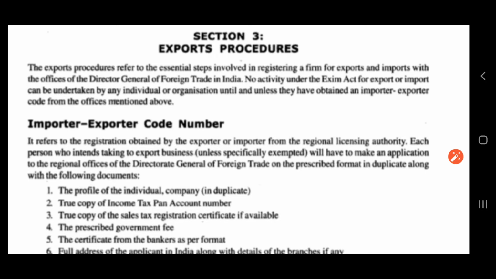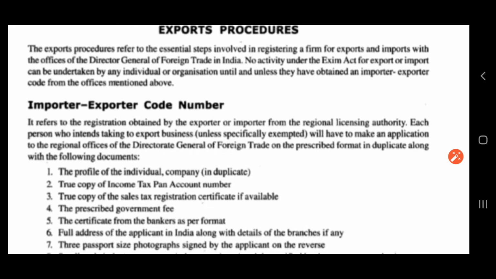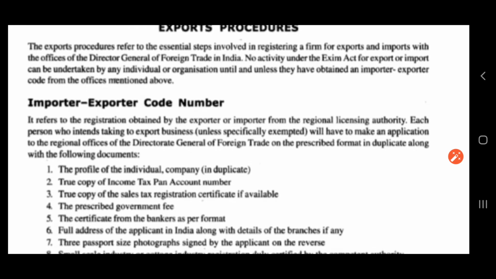So in India, if a firm wants to do imports or exports, it has to apply for the registration at the office of Director General of Foreign Trade, right? Then the organization will initially get an importer code number or exporter code number. Then only the organization can move forward for doing the imports or exports. Without this code number, no activity can be undertaken by any individual or organization.